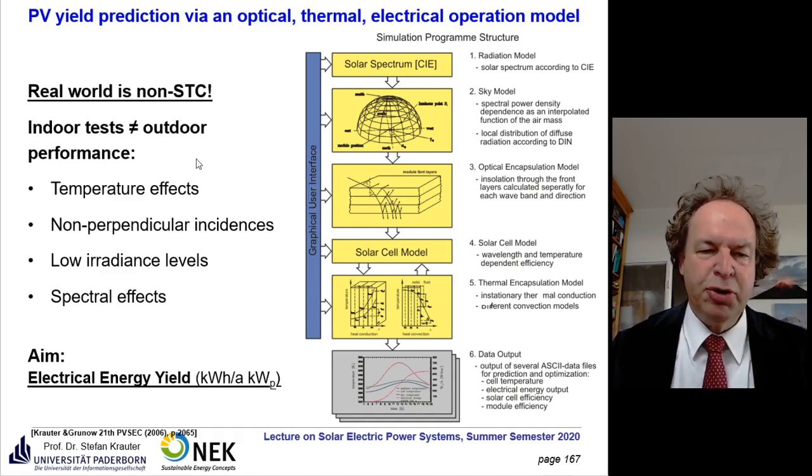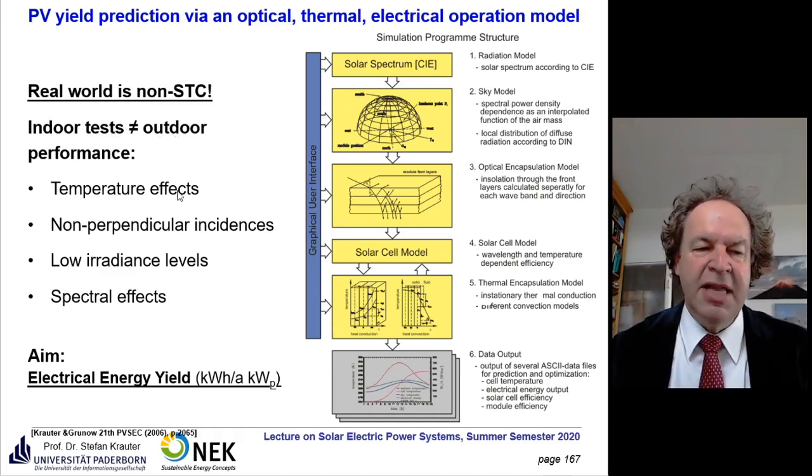So for the yield prediction, I do not have a standard test conditions parameter, because the indoor tests as used for the standard test condition tests do not represent the outdoor performance. As I mentioned already, there are temperature effects. There are effects due to reflection, that means non-perpendicular incidences, and the efficiency goes down at low irradiance level.